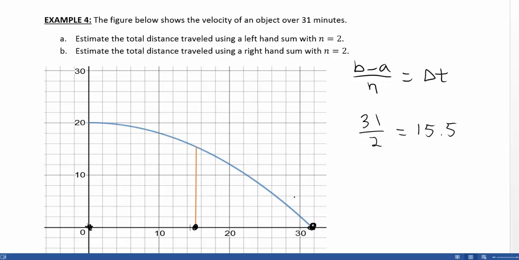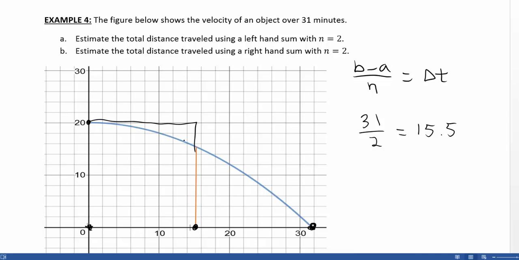So if I'm doing a left-hand sum, that means that the left-hand point of each rectangle is what is going to touch my function. So for my first interval, which is 0 to 15.5, I'm using the 0, which is the lefter of the 2 points, to figure out how high to go on my rectangle. Okay, so my rectangle is going to look like that.